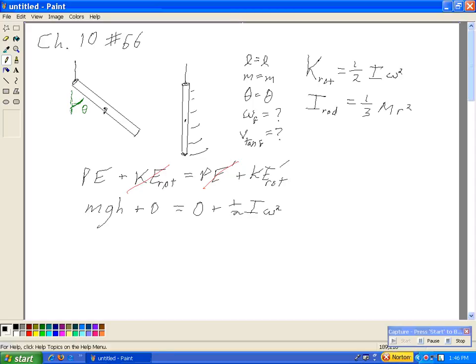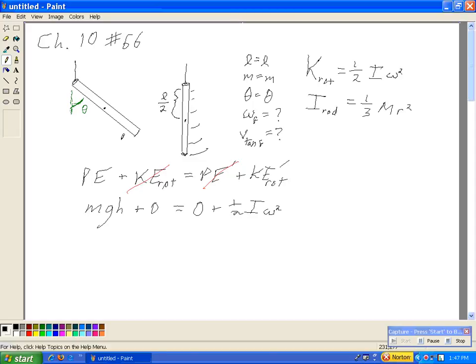So, in order to find this, we do what we did before with the pendulum. This length here is, if the whole length is L, half of that. You divide L by 2 to find half its length.